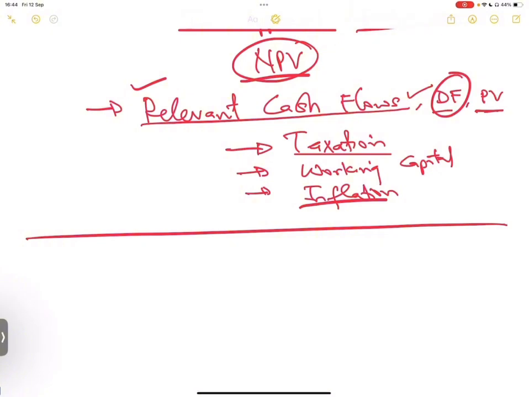So the first concept I want to talk about is the foreign exchange rate. Very important, and you probably know why this is crucial. If you are a UK-based company and you want to invest in the Canadian market, your cash flows will be in Canadian currency. It's not going to be in pounds.